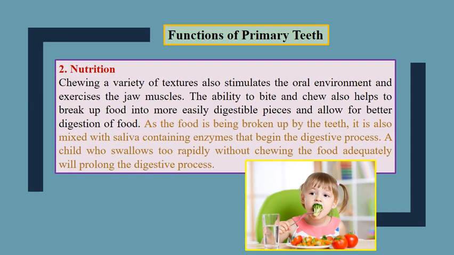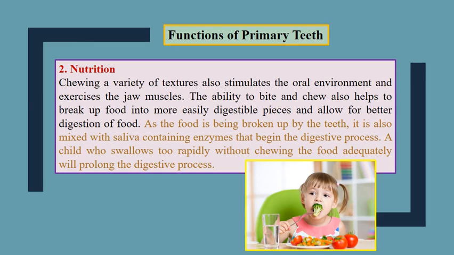As the food is being broken up by the teeth, it is also mixed with saliva containing enzymes that begin the digestive process. أيضا عملية تقطيع الطعام تؤدي إلى مزجه مع الإنزيمات الهاضمة الموجودة في اللعاب، وبالتالي تبدأ عملية الهضم.